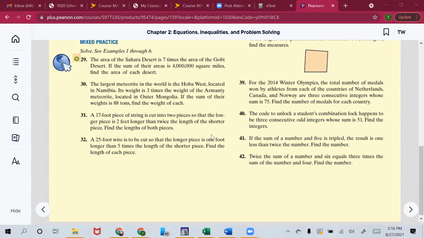So the largest meteorite in the world is the Hoba West. It weighs 3 times the weight of the Armonti meteorite. So here's what happens. We're talking about 2 different meteorites, right? We've got the Hoba West, and then we also have the Armonti.